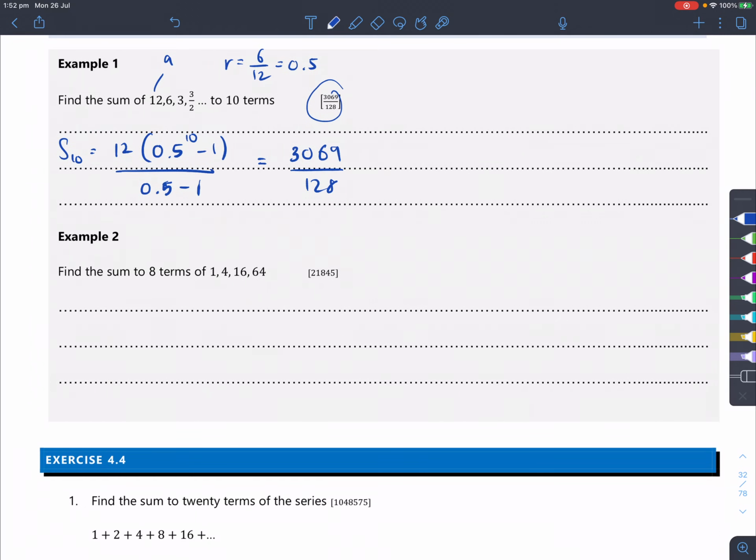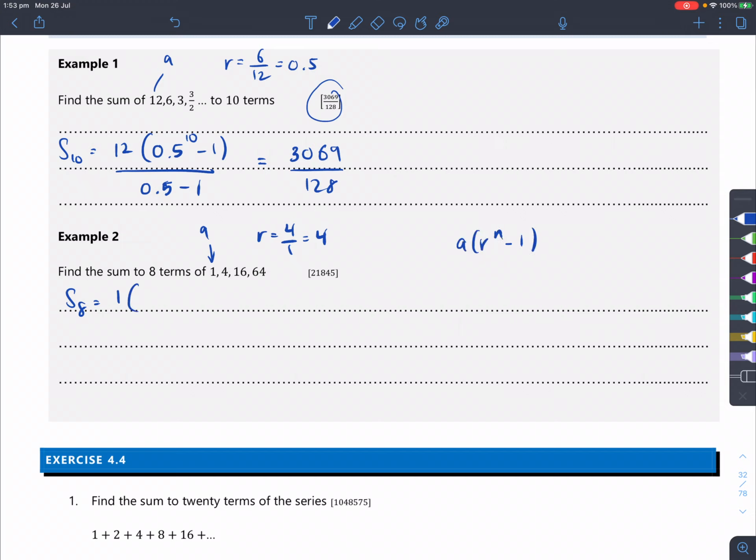Now, example 2. Find the sum to 8 terms of 1, 4, 16, and 64. So A in this case is 1. Your ratio is 4 over 1, which is 4. So S8 is going to be 1, which is A, bracket.